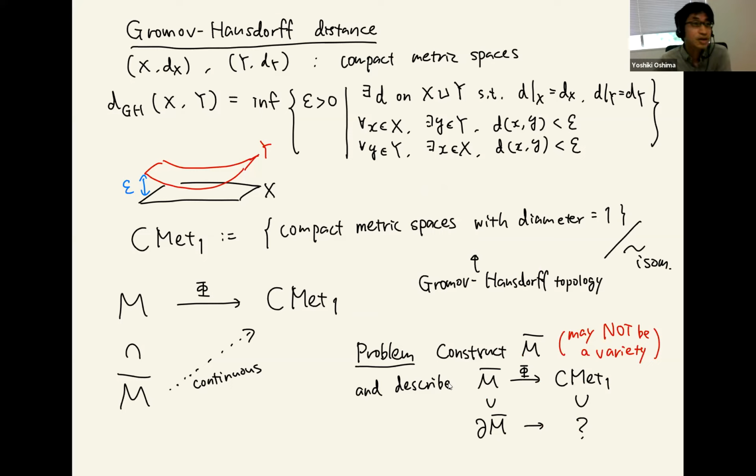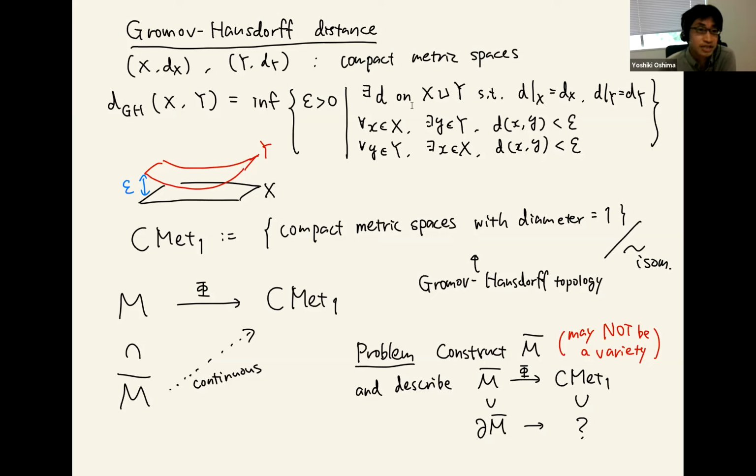Okay, so the Gromov-Hausdorff distance is defined as follows. It measures the distance of two metric spaces. So we consider compact metric spaces. Let X and Y be compact metric spaces, and the Gromov-Hausdorff distance is defined in this way.